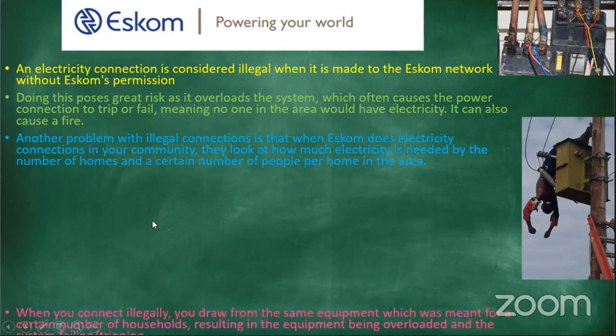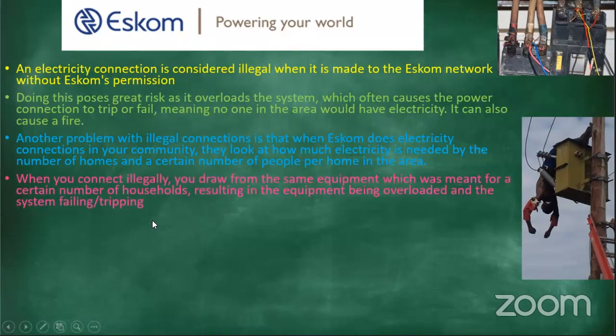So now when you connect illegally, you're drawing from the same equipment, which was meant for a certain number of people or households, resulting in the equipment being overloaded and the system failing or tripping.